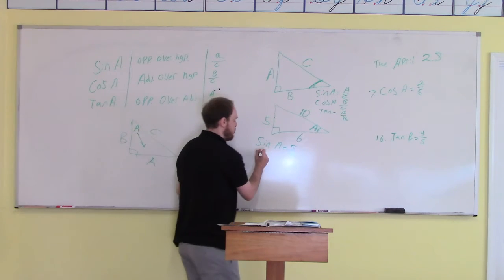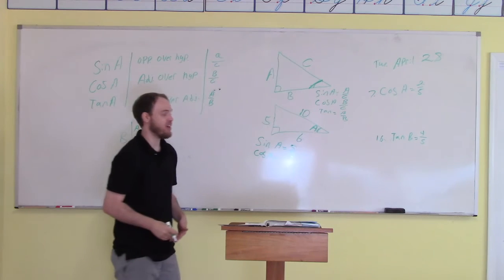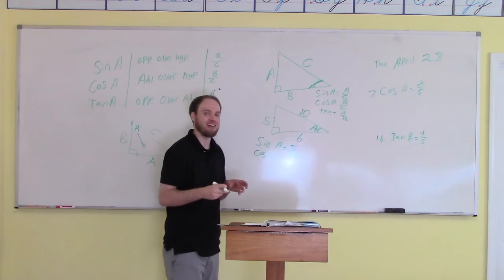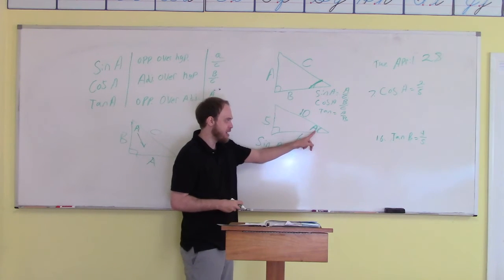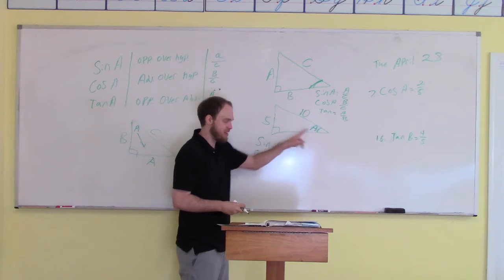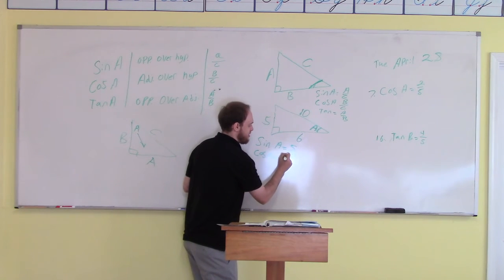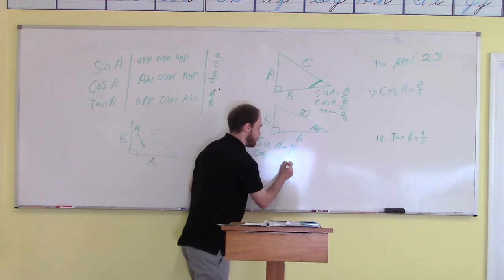Now I will do cosine of A. Cosine of A is adjacent over hypotenuse. Adjacent is the leg that connects the angle I'm looking at back to the right angle. So from A back to the right angle would be this side, that's a 6. That's the adjacent one, so cosine of A would be 6 over the hypotenuse, 10, so 6 over 10.